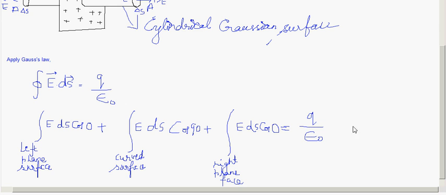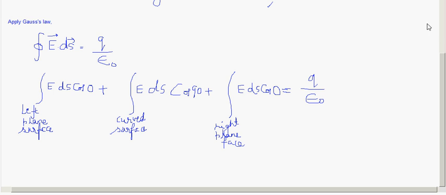So now cos 0 is 1, so this can be written as E into integration of ds, which is the total area A, plus 0 plus E into area A equal to Q divided by epsilon naught.